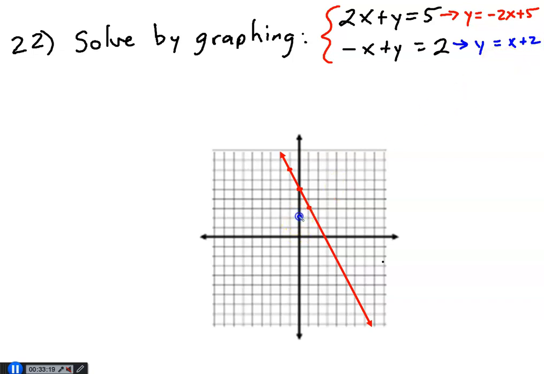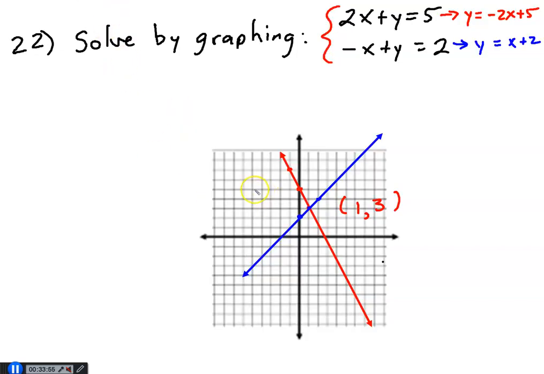Start at 2 on the y-axis, slope of positive 1, straight edge, so there's my blue line, and my answer, if I do have a solution with the graphing method, it'll be where these 2 lines cross each other, and it looks like they cross at x equals 1, y equals 3. So that ordered pair represents the solutions for x and y.